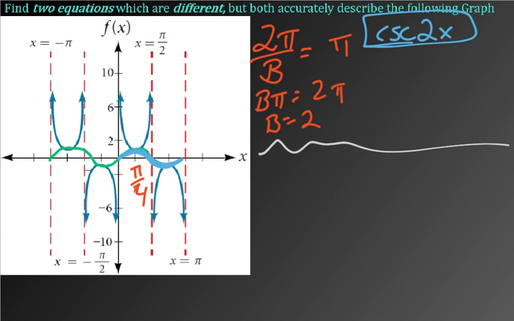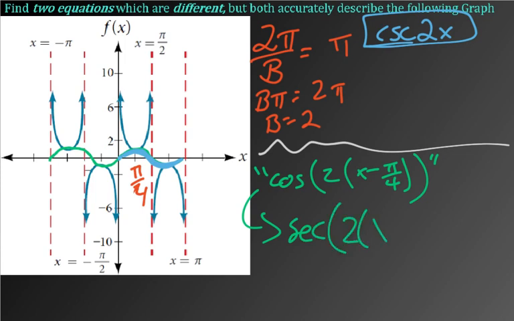So basically the period's still the same and everything. We're building off of a cosine of 2 times x minus pi over 4, because that's the shift in there. But of course we don't have cosine, we have secant of 2 times x minus pi over 4.